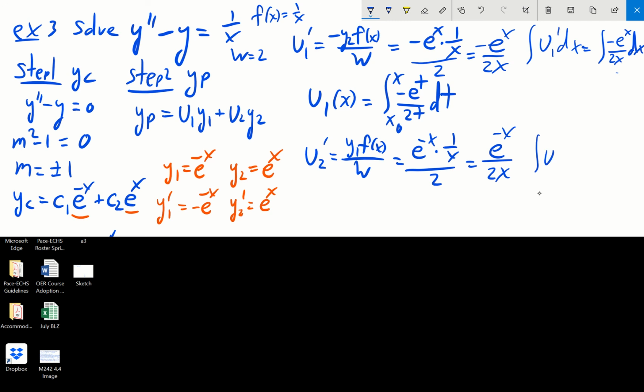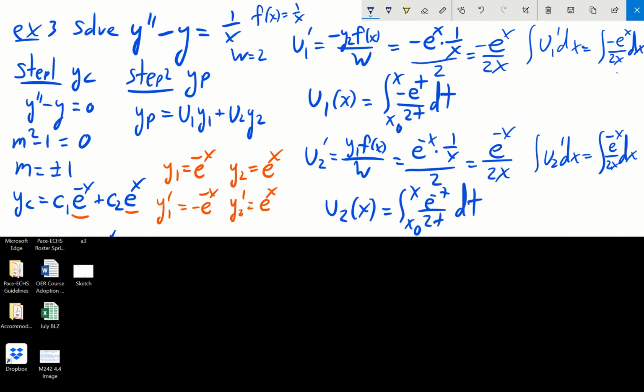Again, to solve for u2, we would want to integrate both sides with respect to x. Unfortunately, this integral is again not an elementary antiderivative. So we're going to represent u2 as an integral as well. Let the integral be defined from x naught to x. Then u2 of x is going to be equal to the integral of e to the negative t divided by 2t dt.